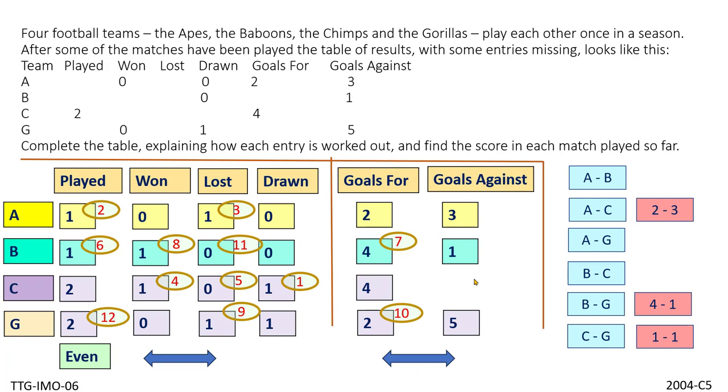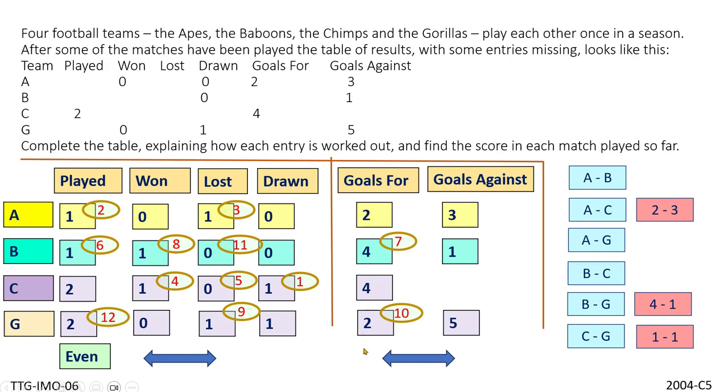No? Okay, remember I mentioned that the sum of all the goals scored for should be exactly matching the sum of all the goals scored against. Because every game must have a goal scored for a team and against a team. So every goal scored should have been counted in this column as well as that column. Now, if we add up all the goals scored for, this is 2 plus 4, which is 10, and this is 12.